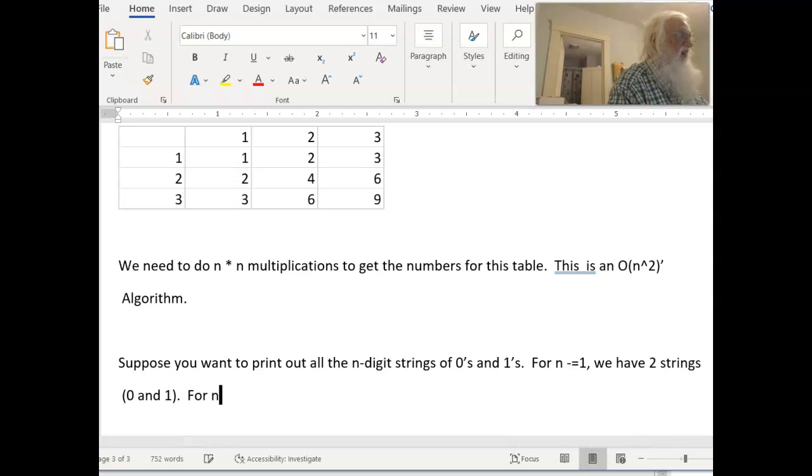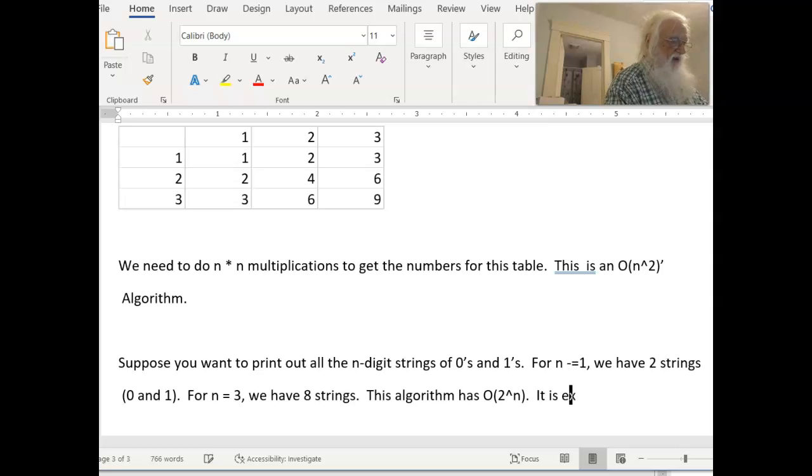For n equal 3, we have 8 strings. For n, this algorithm has order 2 to the n. It is exponential and not good.